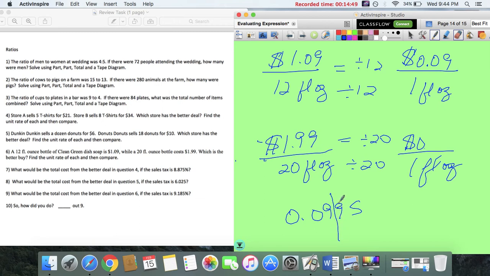We're going to round this to the nearest hundredth, and this 9 has enough power to make this go higher, and that's going to turn into 10 cents. So in this particular case, the smaller bottle was a penny cheaper than the bigger. It doesn't happen too often, but we were better off buying the smaller bottle.